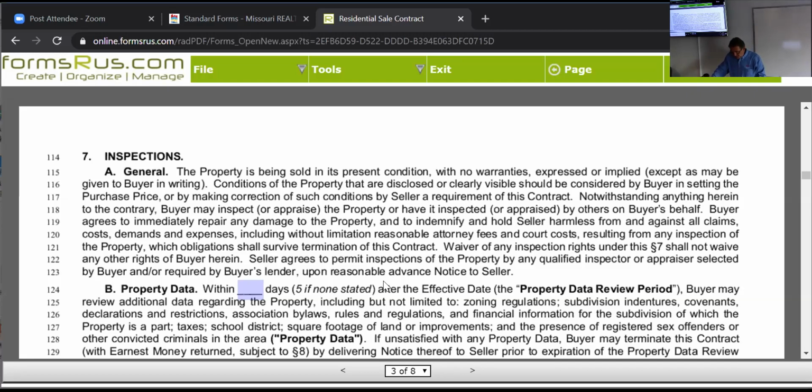On C, on inspection reports, buyer may, at buyer's own option and expense, obtain written inspection reports of the condition of the property as reasonably deemed necessary by the buyer or its lender. It gives a long list there, but the buyer can do any inspection they want to. Please note that in this contract, if you're going to inspect the septic, then you may want to use a rider that's available in the GSBOR documents to have the seller uncover the septic.